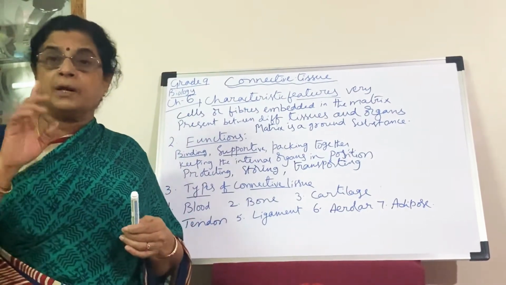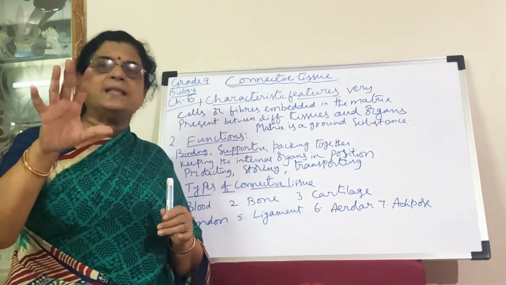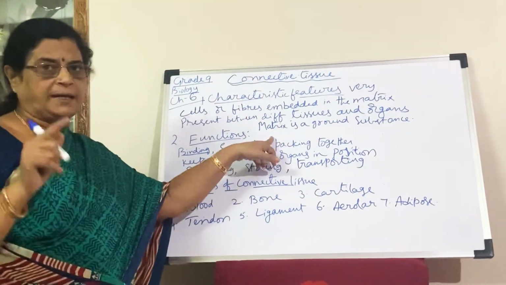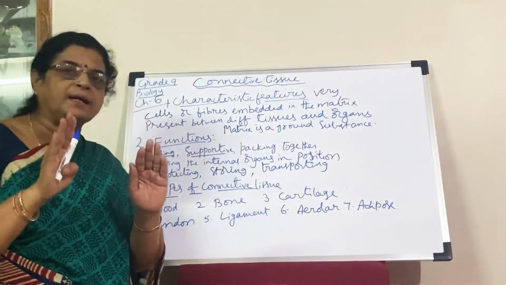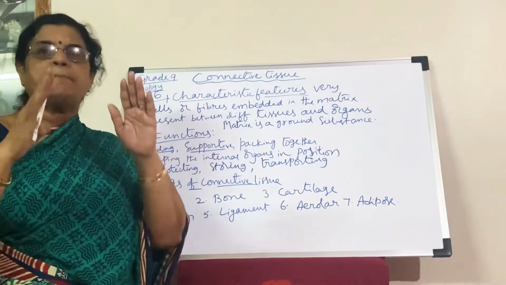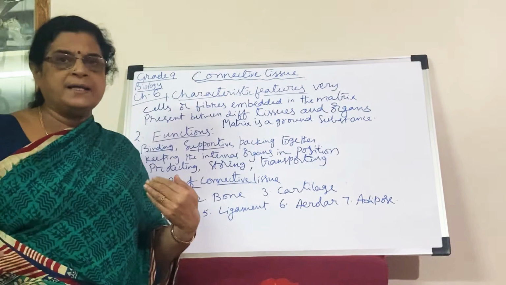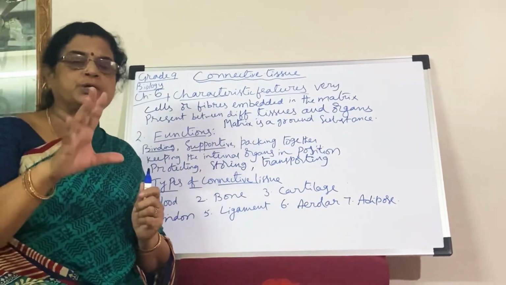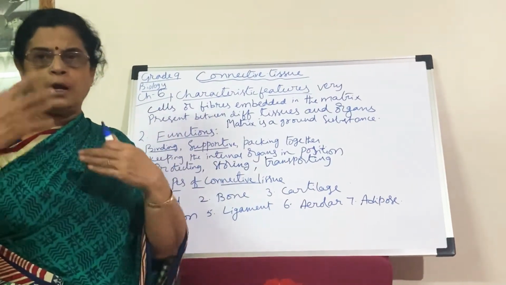They are not moving because of the connective tissue. The organs are kept in their place because of the connective tissue only. So, packing together, keeping the internal organs in their position. The heart is slightly toward the left, and the kidneys and whatever internal organs there are, they are in their position, even though our body is changing its position from down to upright.